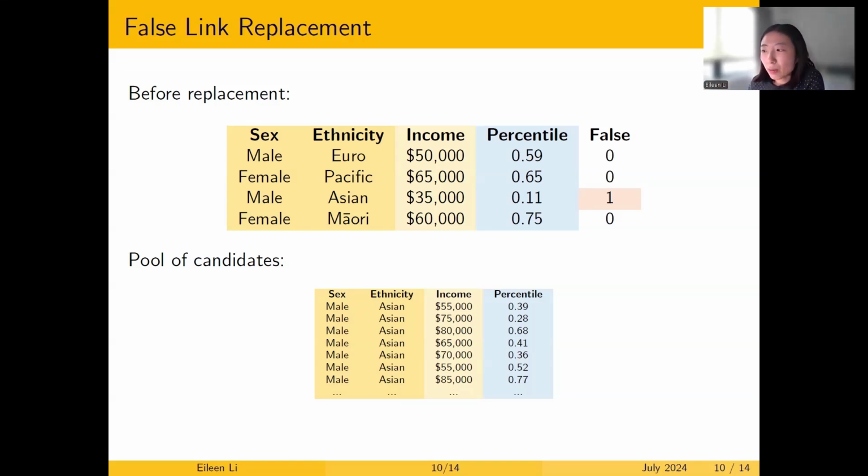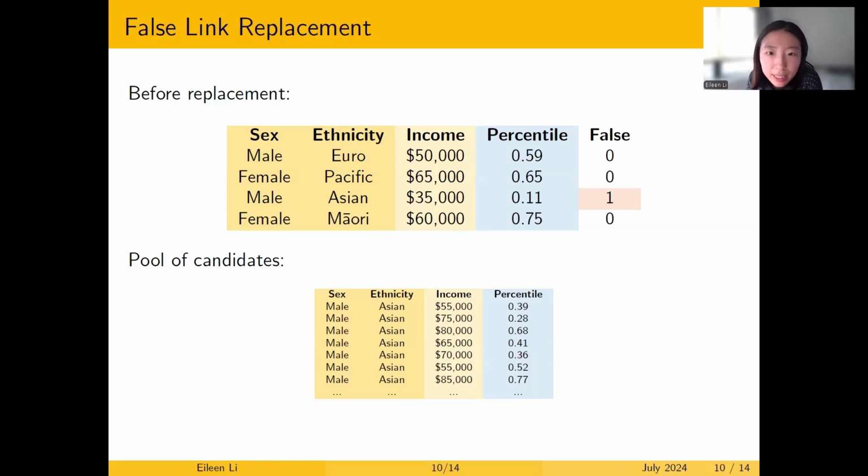What I did with this replacement approach is to replace this potential false link's outcome with another record. And this other record is what this false link is likely to be confused with. By doing this, I can tell how badly my estimated coefficient will be affected if the false links all had wrong values on their outcome variable.